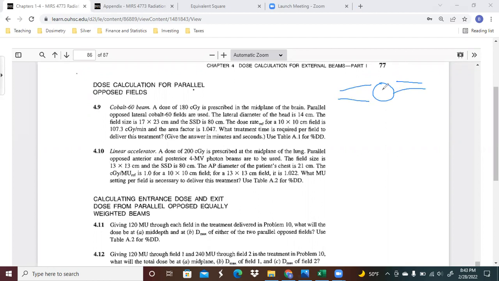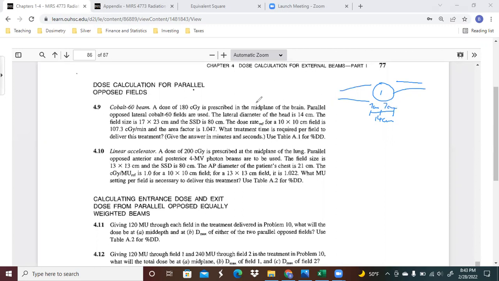The width of the head from here over to here is going to be 14 cm. If we're treating midplane, which is roughly right about here, we're going to cover half the distance. So we're going to split this up: 7 cm here and 7 cm over here.